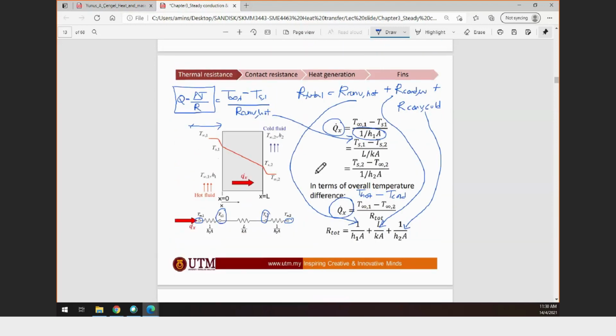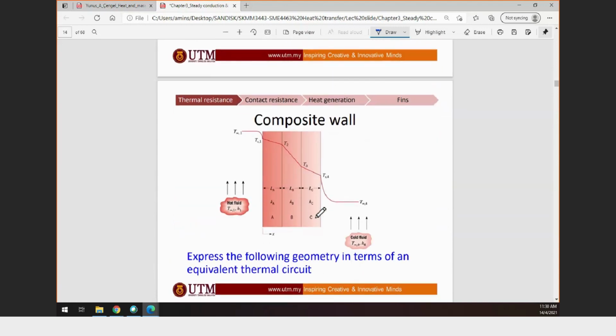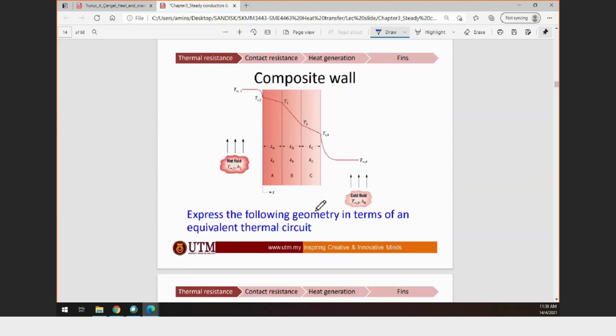So how can this assist you in the conduction analysis? This is an example of a composite wall. What is a composite wall? It is basically a layered system that has different thermal properties.